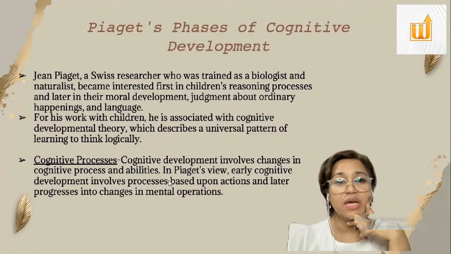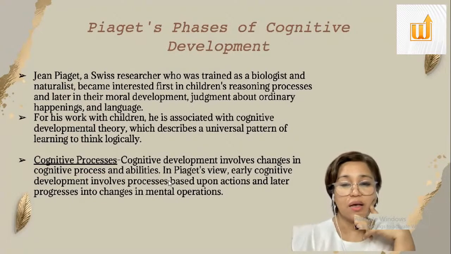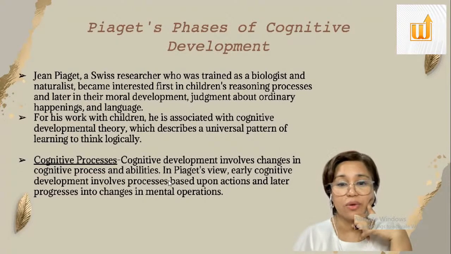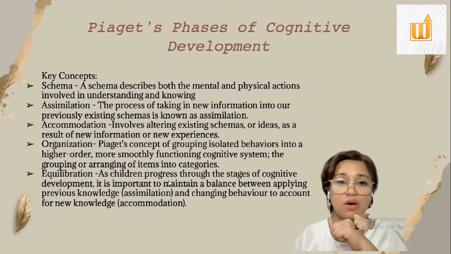Cognitive development by Jean Piaget, of course, looking at the work of the cognitive processes. In Piaget's view, cognitive development involves processes based on actions and progressions, which become mental operations. So, what are the key concepts in Piaget's cognitive development?